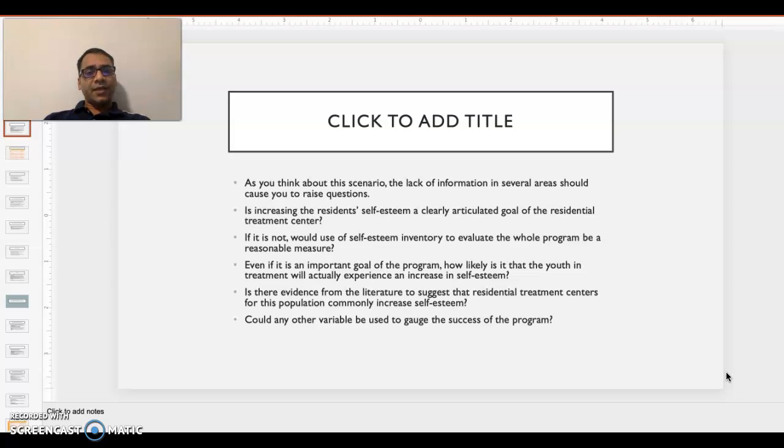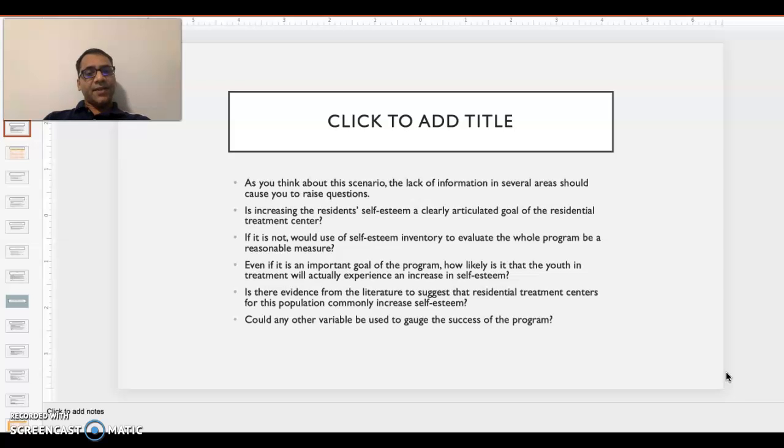As we think about this scenario, the lack of information in several areas should cause you to raise questions. Is increasing residents' self-esteem a clearly articulated goal of the residential treatment center? If it is not, would use of a self-esteem inventory to evaluate the whole program be a reasonable measure?